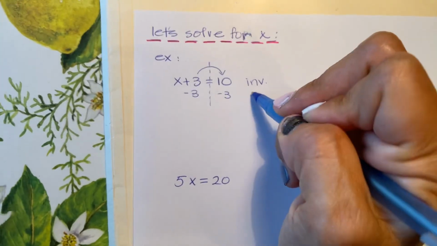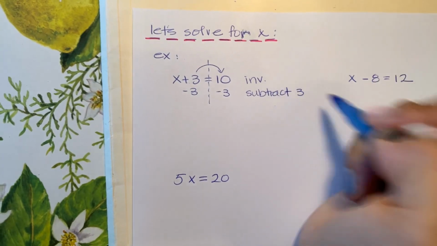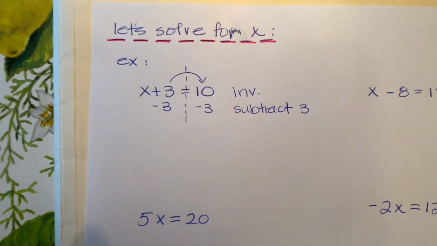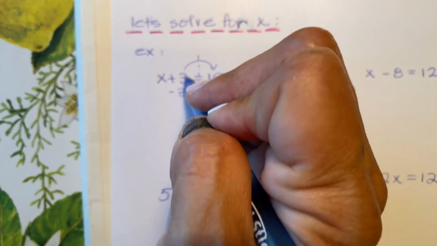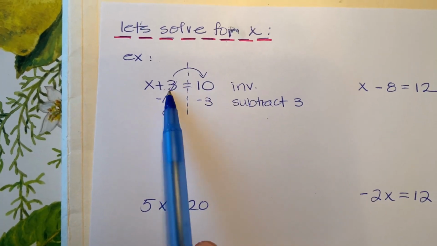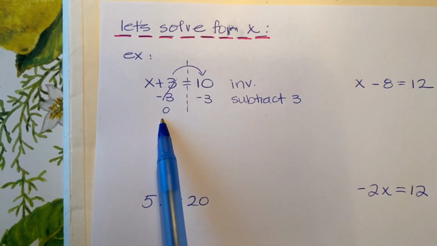Subtraction. So I'm going to subtract 3, right? Which basically comes out to negative 3. And so what's positive 3 minus 3? 0. So that's my intended goal, is to make this disappear or essentially sum to 0.